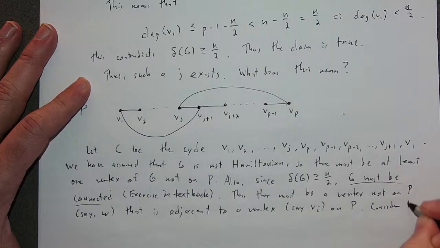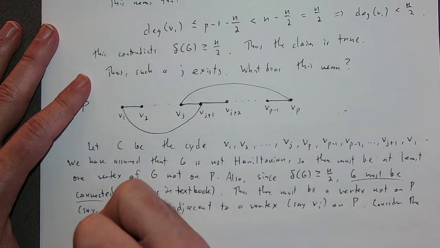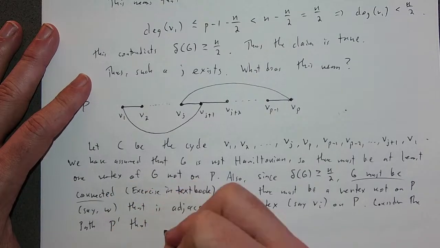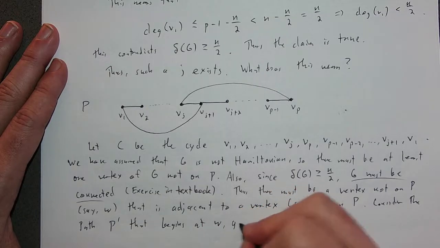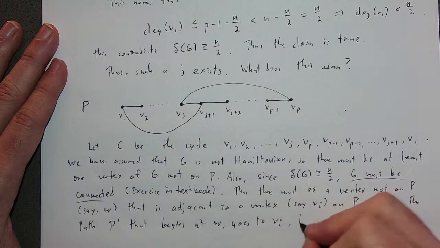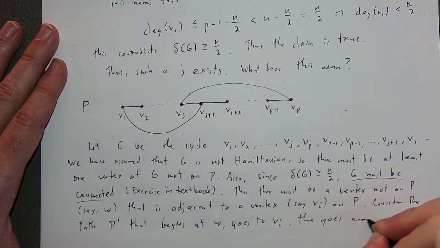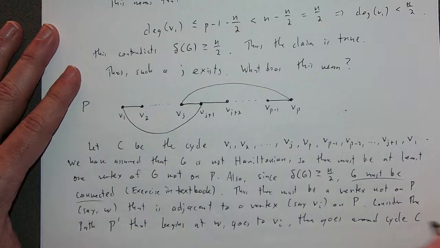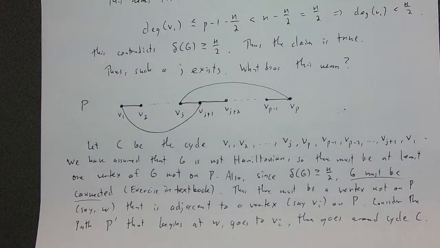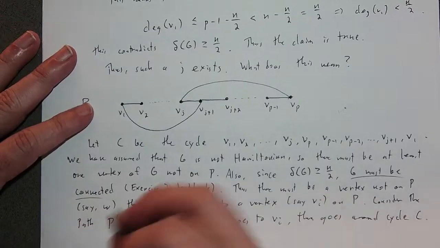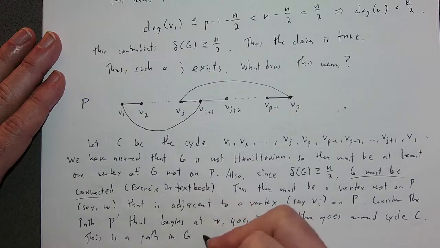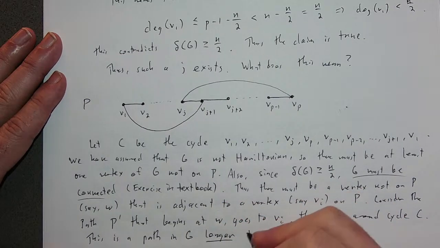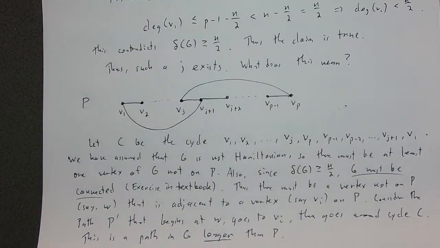Consider the path P prime that begins at W, goes to V sub I, then goes around cycle C. This is a path in G longer than P. But that's a problem.